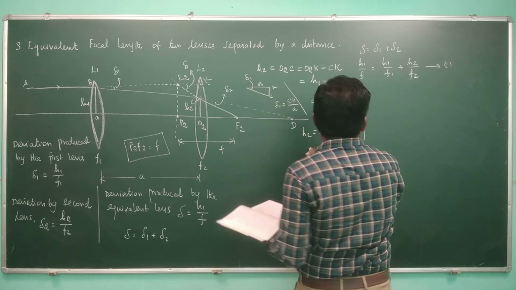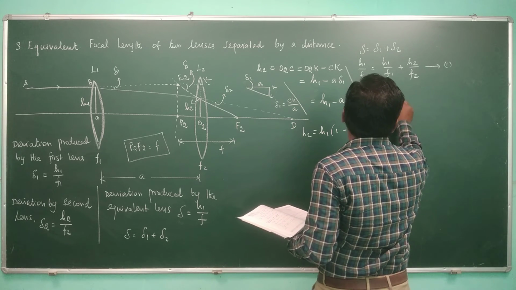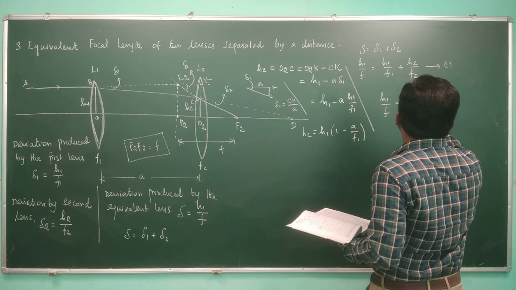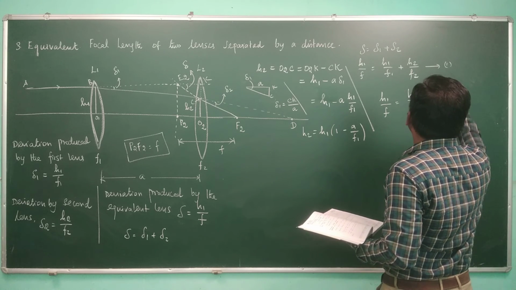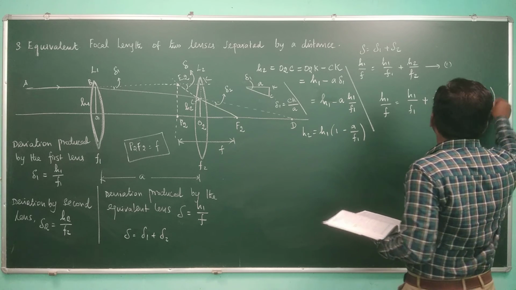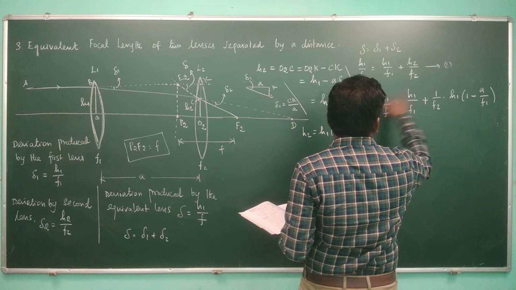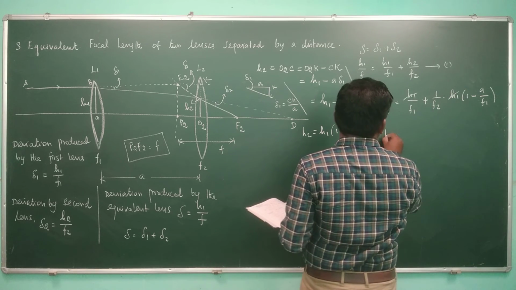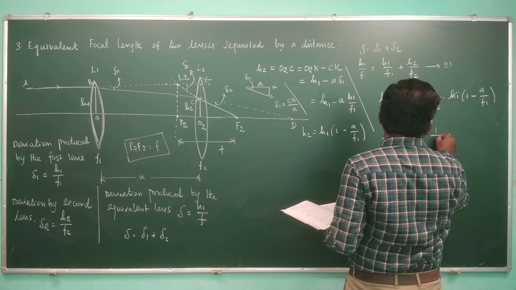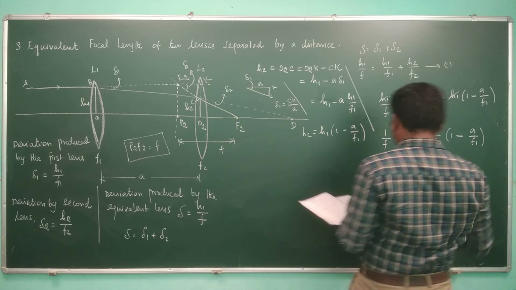And if we substitute this in this equation, we are having H1 by F, that is equal to H1 by F1 plus 1 by F2 multiplied by H1, 1 minus A by F1. You can take H1 common, it will cancel out in all these cases. So it will have 1 by F, which is equal to 1 by F1 plus 1 by F2 multiplied by 1 minus A by F1.